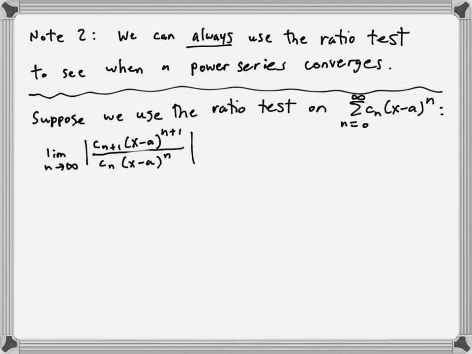So what does this look like? Well, let's actually do a little bit of math here. First thing we notice is that we have an x minus a to the n plus 1 and an x minus a to the n. So we're left with a single one of these x minus a's, right? And notice that has no n's in it, so I can definitely pull it out of the limit, right? So we end up with the following.